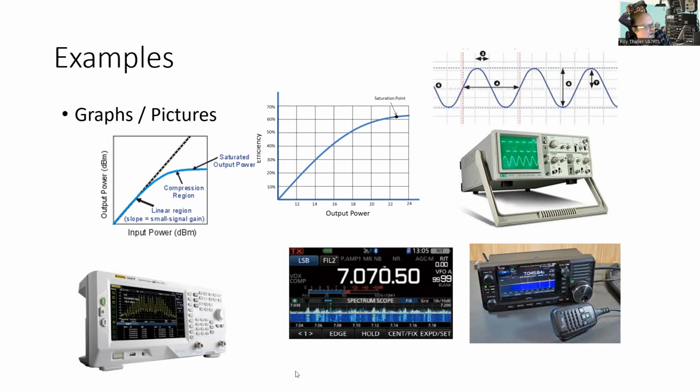And even radios now display this. So here's the ICOM 705 radio, and it's got the frequency here, and then it's got a waterfall display and the spectrum scope here, so you can see where the signals are, and then this is just a representation of those signals over time, so you can see various patterns in the signal.